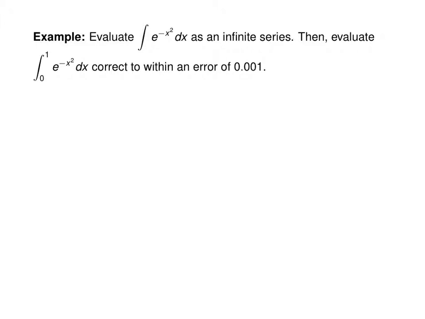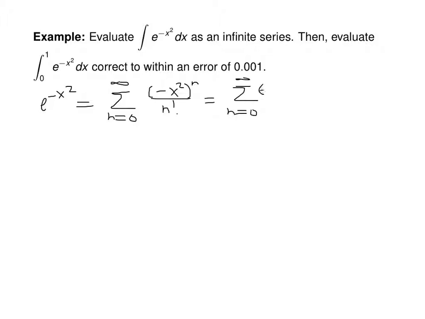And instead of using the whole boxes under the curve approximation technique, let's use the series technique. So first of all, e to the negative x squared can be expressed as a sum from 0 to infinity of negative x squared to the n over n factorial, or a sum from 0 to infinity of negative 1 to the n, x to the 2n over n factorial.